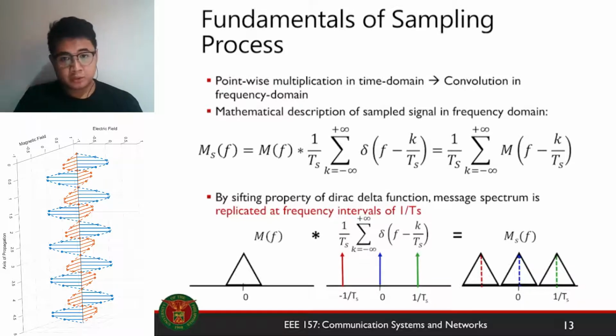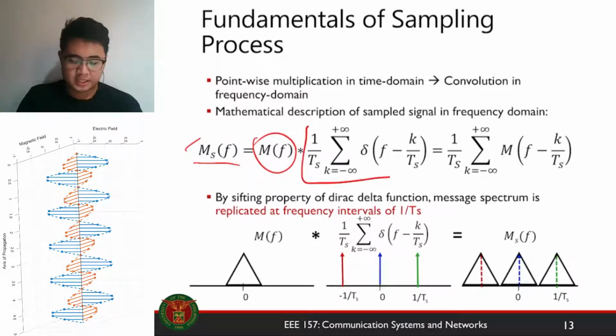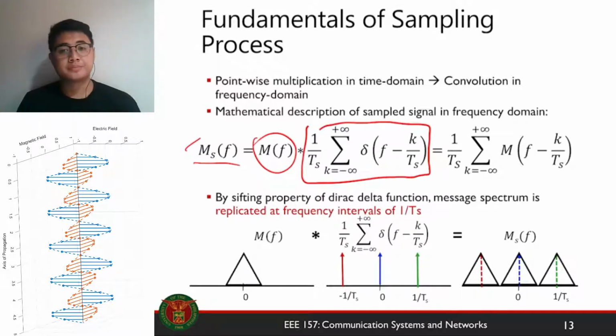In the frequency domain, we will convolve. So to obtain the spectrum of your sampled signal, you have to convolve the spectrum of the message signal with the impulse train right here. Okay? So when you do that, you're convolving the frequency content of m of t, which is contained here only and has some bandwidth.